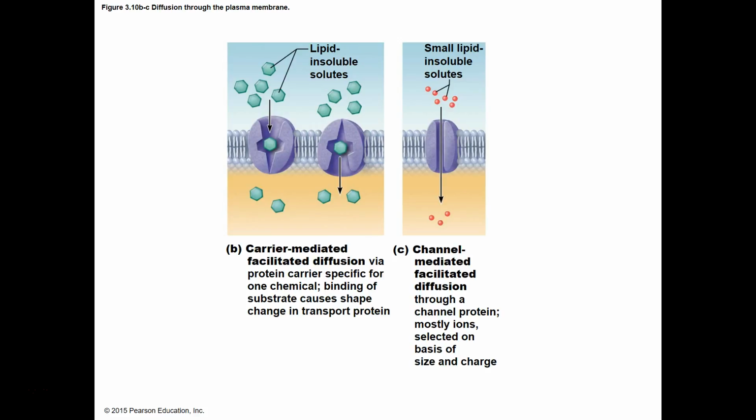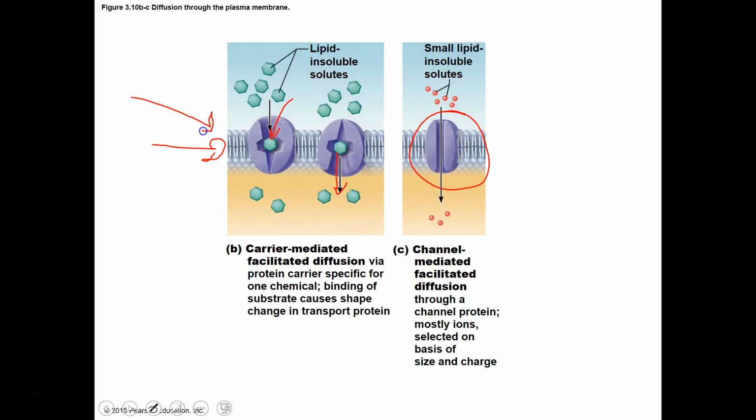Some of these are as simple as opening up a channel. You know, a trigger opens up a channel, and this protein just opens up, and certain substances just flow through it. But there are some that are actually triggered by the presence of something that causes the protein to change shape to where that can cross in there. I may have mentioned that they were active, but these are still passive.